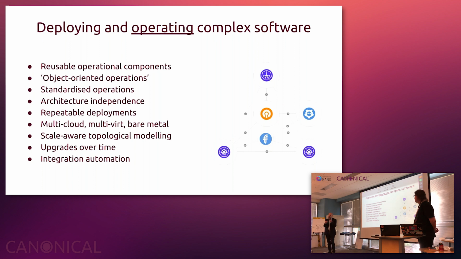There's nothing hard-coded in the charm that comes from one telco's network or comes from one bank's network, right? It's a shared piece of operational logic that's very cleanly separated from how you want to use it. You can think of it as like object-oriented operations. It's probably the best analogy, right?